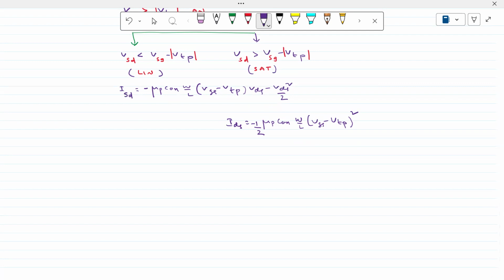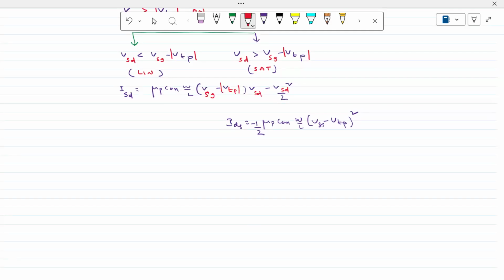VSD. For the VSD, it's a positive quantity, and then we can write all these things as VSG, magnitude of VTP, VSD.